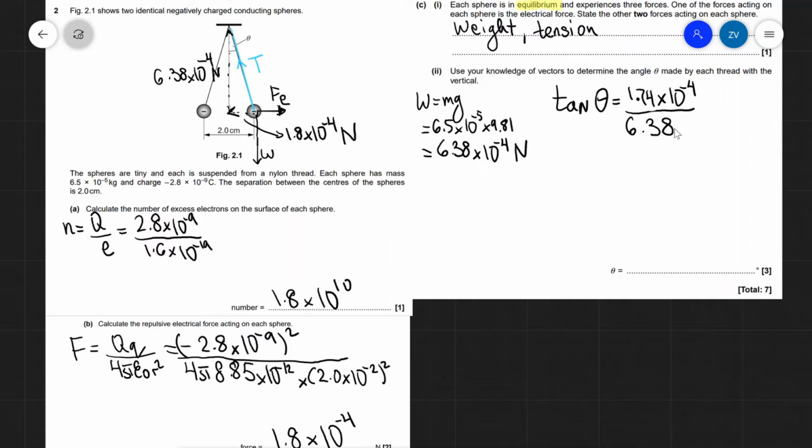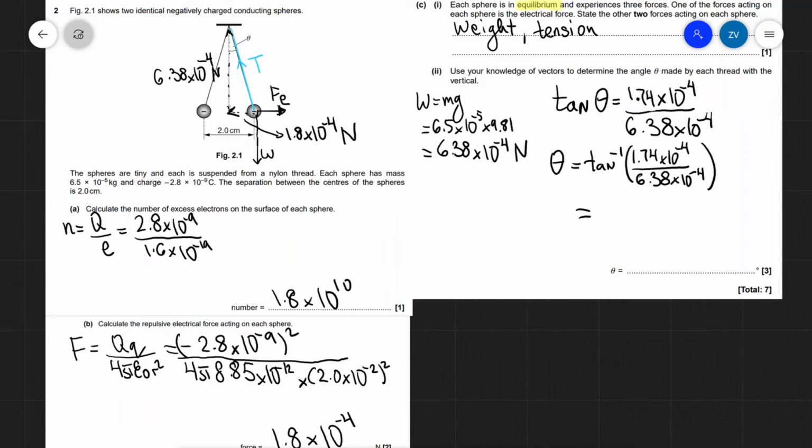This way I'm using this up to two significant figures and this up to two significant figures. So 6.38 times 10 to the power of minus 4, which means that theta, if we take the inverse tangent of this, will be equal to tan to the power of minus 1, or inverse tan, of 1.74 times 10 to the power of minus 4 divided by 6.38 times 10 to the power of minus 4.